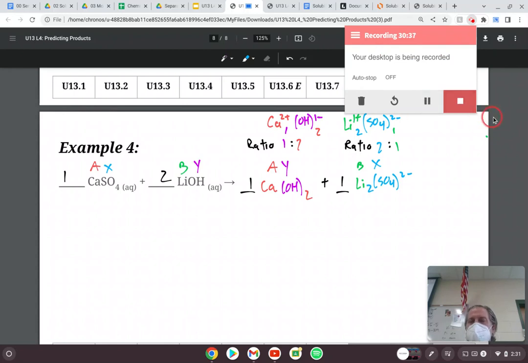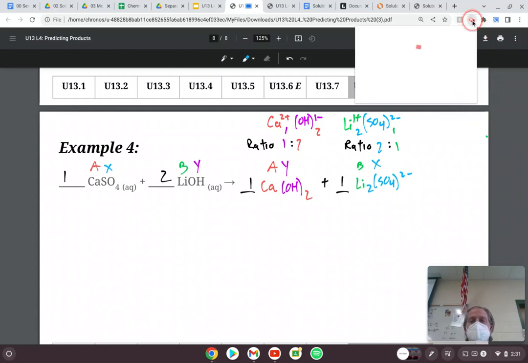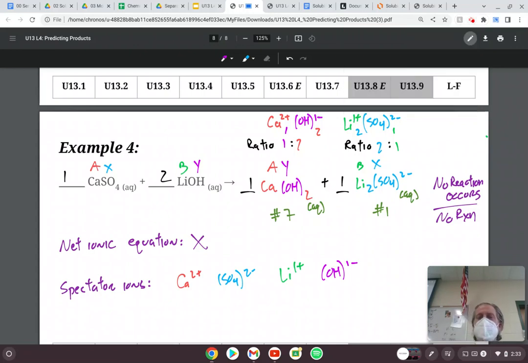Okay, so I've put up here my work for the products. If you're there, great. If you're not quite there, that's okay too. The other thing you need to do is start focusing on whether or not this reaction occurs by using your solubility rules. So hopefully you were using your rules and you got all the way down to solubility rule number 7.